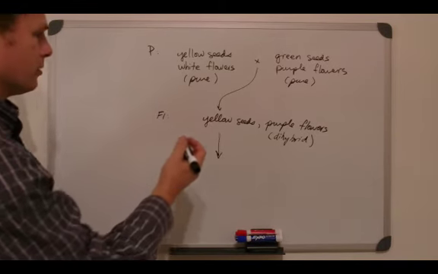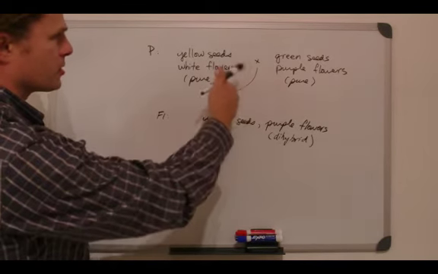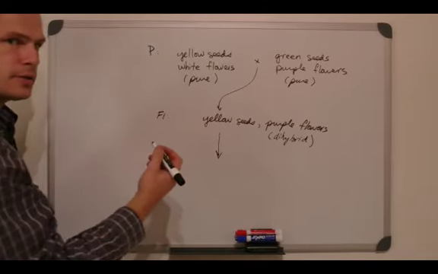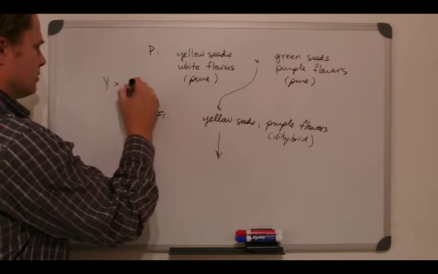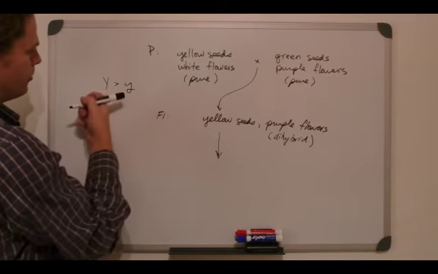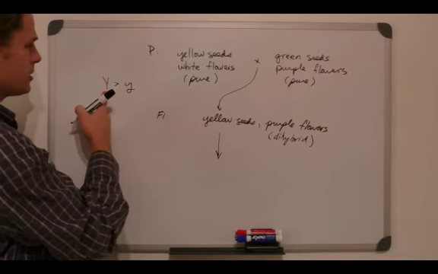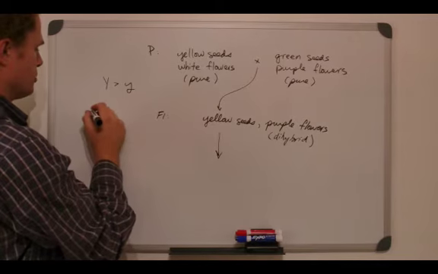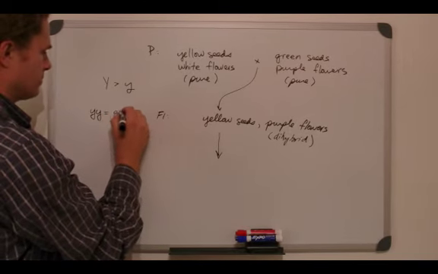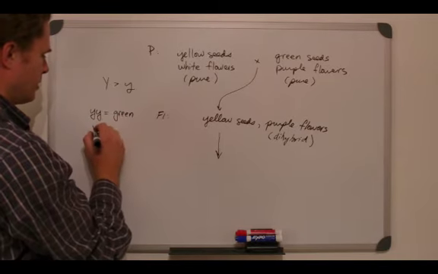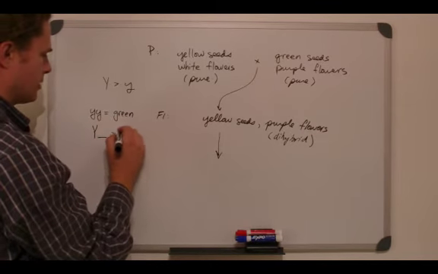Now, what else can we conclude? Well, we've seen the yellow versus green seeds before, so let's use the same symbolism that we used before. So, with the allele that gives the yellow characteristic dominant to the little y, giving us the green phenotype, and then big Y with a dash giving us yellow.